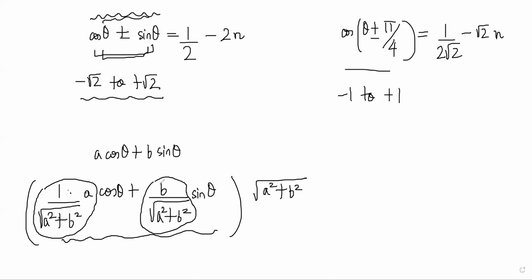So if both the quantities are less than 1, then they can be written as cos or sine of something. And you can see that this square plus this square is adding up to 1. Square of a by root over a square plus b square plus square of b by root over a square plus b square adds up to 1.